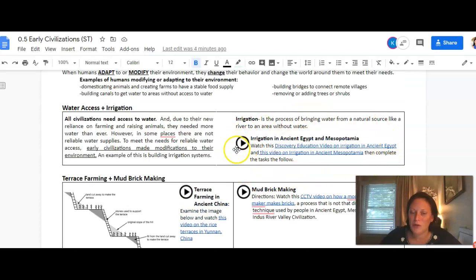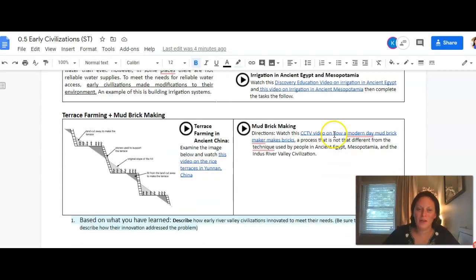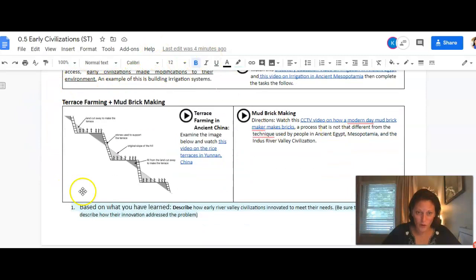The first one was about irrigation, and that's in ancient Egypt and Mesopotamia, and how they found a way around or solved the problem dealing with irrigation. This is terrace farming in China, and China is very mountainous in some areas. So they had to solve that problem by digging into the mountain this way so that they were able to plant, because you can't plant on steep hillsides because erosion will occur.